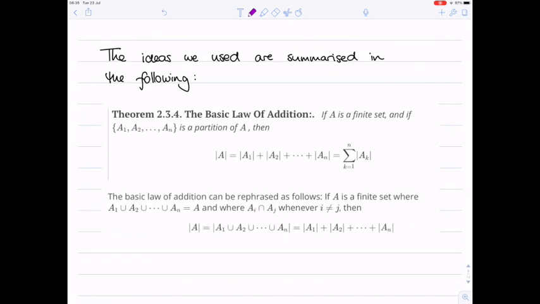So let's formalize this idea as what's called the basic law of addition. And the basic law of addition says, if we have a finite set that's partitioned into a bunch of blocks, then we can find the size of the overall set by just adding up the size of each of the partitions.